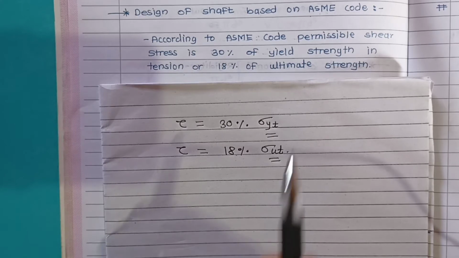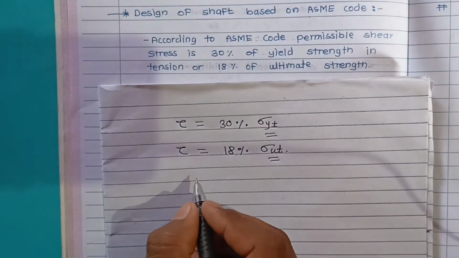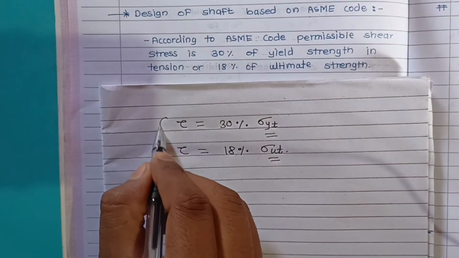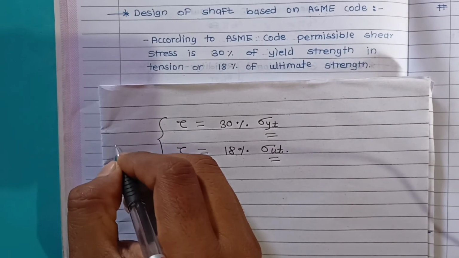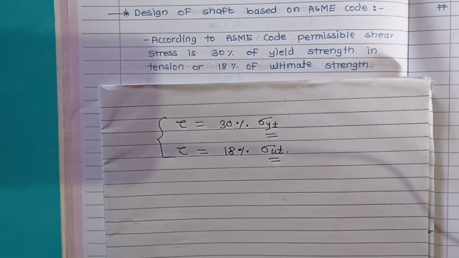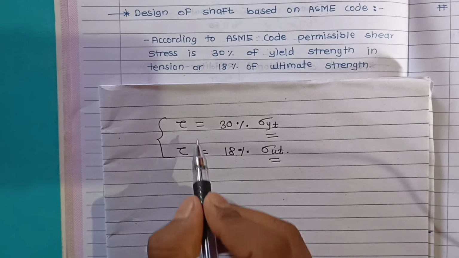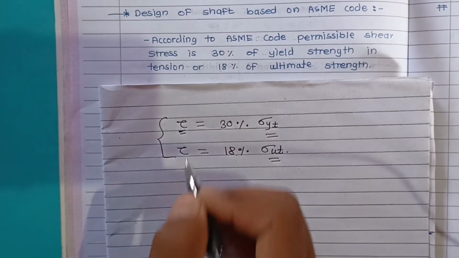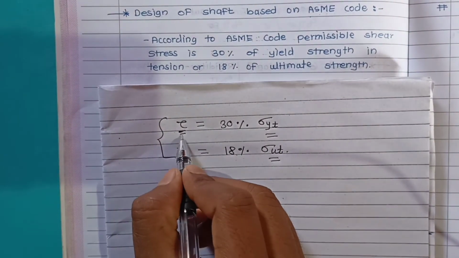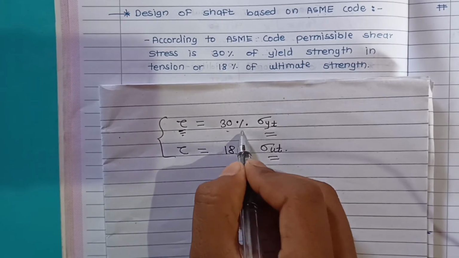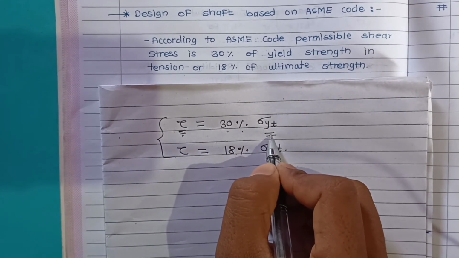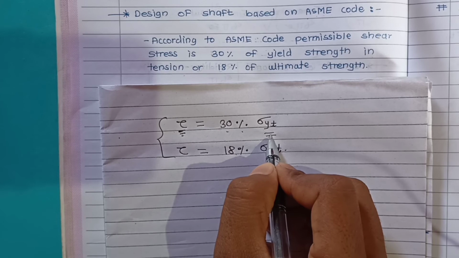Now see here, in ASME code, the criteria is given to find out the permissible shear stress. In the first criterion, the permissible shear stress is 30% of yield strength in tension.